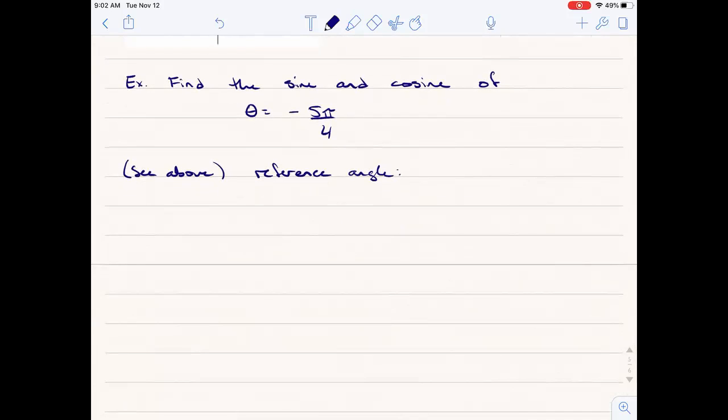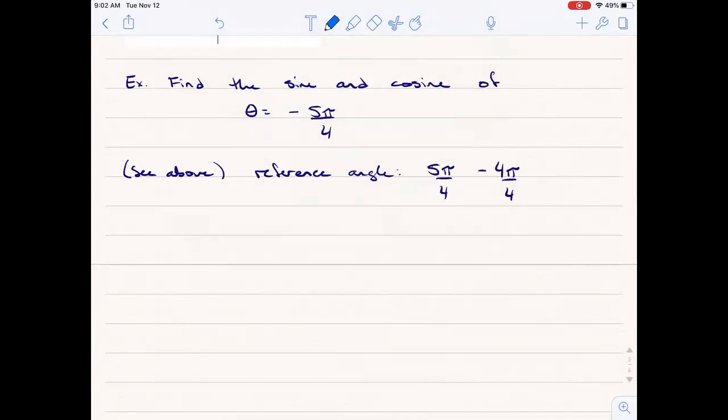And so the reference angle is just going to be whatever is between 0 and pi over 2. And so we've got 5 pi over 4 minus 4 pi over 4.